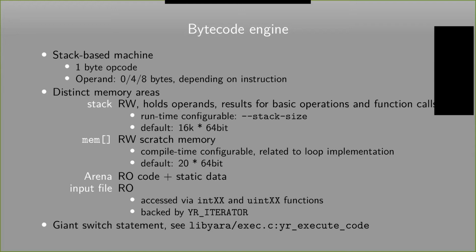Then there's the arena, the bit of compiled YARA rules that I talked about above, and we can only read from that. And then there's the input file, which also can only be read, and which is backed by this iterator. The bytecode engine is implemented as a giant switch statement.